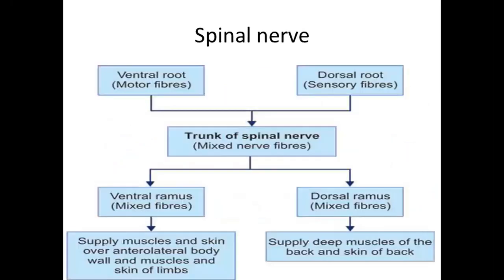Again, the spinal nerve appears from the spinal cord by two roots, the ventral motor root and the dorsal sensory root. They unite together to form the spinal nerve or the trunk of the spinal nerve, which carries mixed fibers. This trunk is divided into the dorsal ramus, which is mixed and supplies the muscles and the skin of the back, and the ventral ramus.